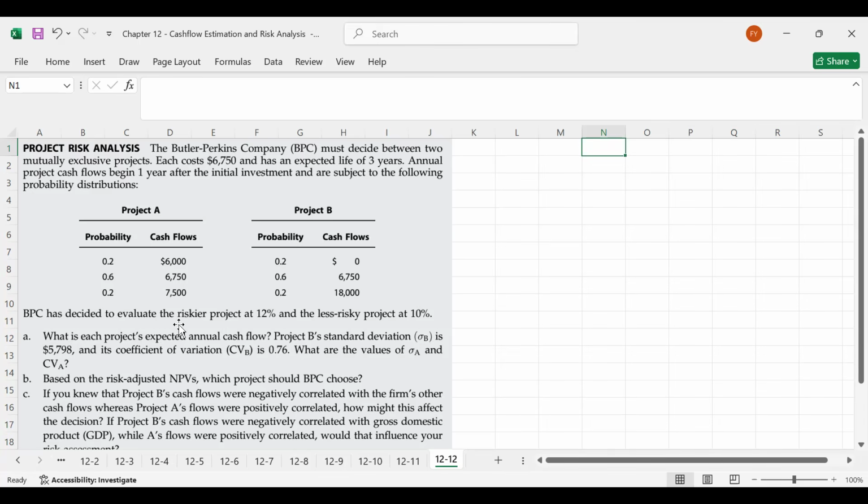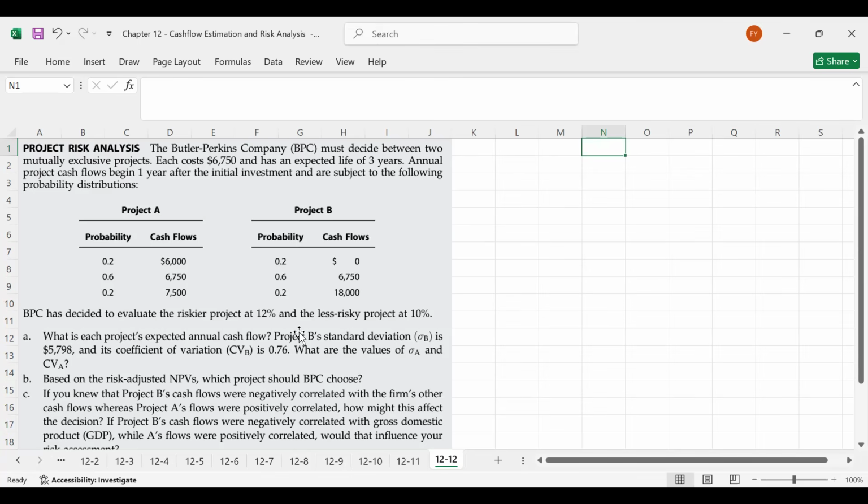Expected cash flows for A and B are both not given, so we will find them. And for project B, the standard deviation and coefficient of variation are given. So we need to find the standard deviation and coefficient of variation of project A only, but we will repeat these procedures for project B also, so that we know whether these values are okay or not.